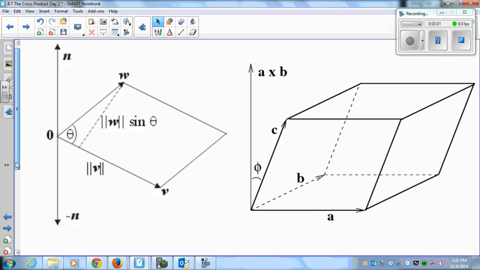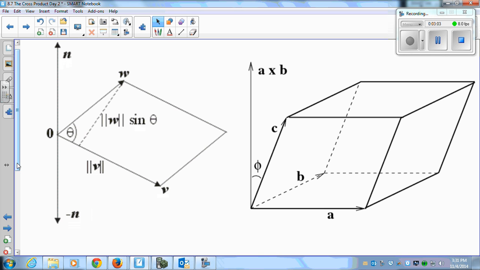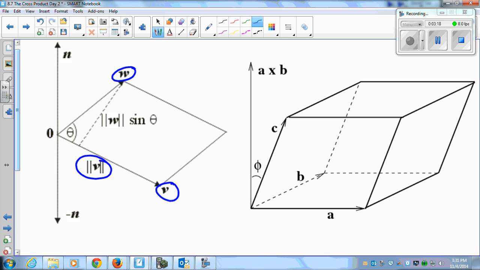But first, to help you make sense of why that is the area of a parallelogram, consider this vector V here. The length of this is the magnitude of V. We have W here, and we know the length of this is the magnitude of W. And from geometry, we know the area of a parallelogram is its base times its height.